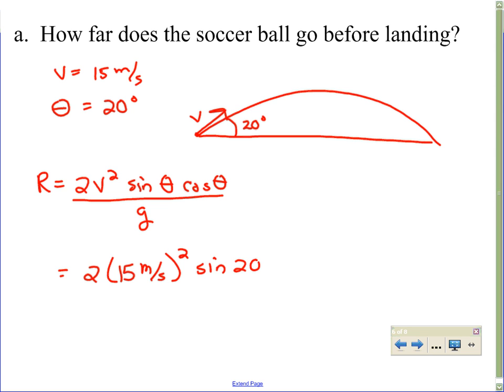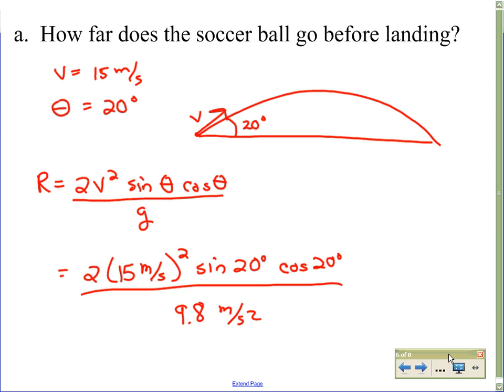Sine of 20 degrees cosine of 20 degrees divided by 9.8 meters per second squared. Do your math. Check your answer with mine, and it's 14.8 meters is our range, or our dx.